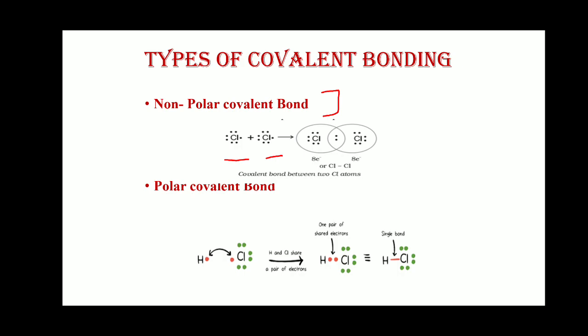That's why one will get a slightly negative charge and one will get a slightly positive charge, because chlorine is highly electronegative compared to hydrogen. There is a difference in electronegativity in this polar covalent bond. So in HCl, chlorine is more electronegative than the hydrogen atom.